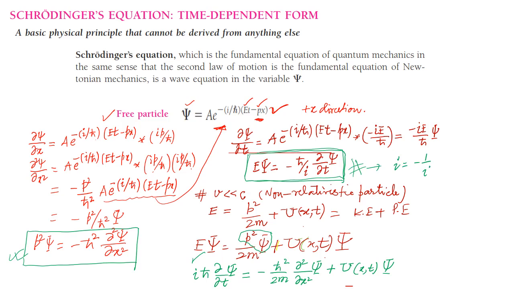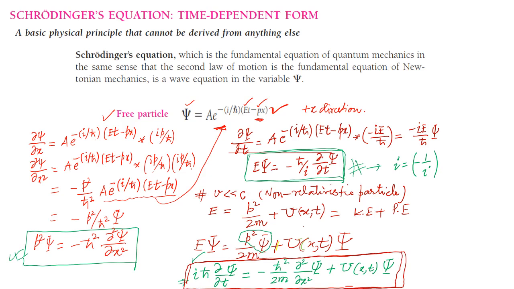So that's why we can write i h cross del psi by del t. So this equation is the time dependent form of the Schrodinger equation, because time is there.